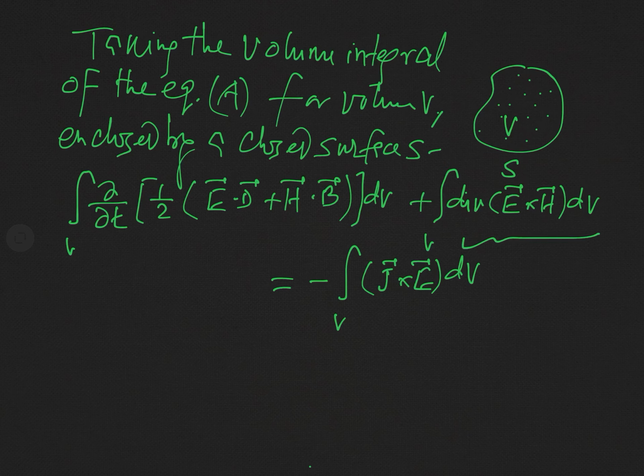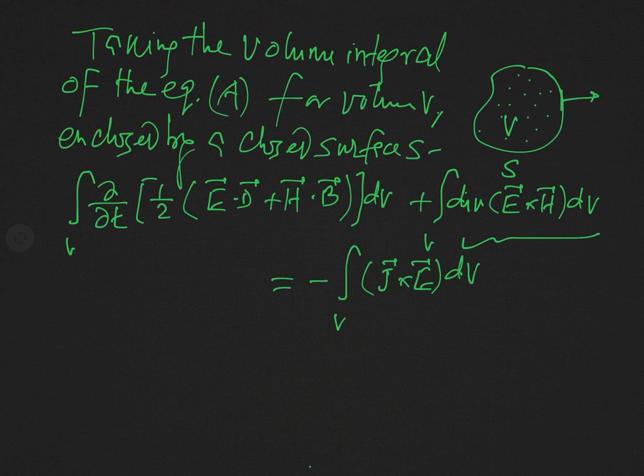Now you can see, in fact, the second volume integral in LHS of this equation is a volume integral of divergence of a vector E cross H. And you know, we can change a volume integral into a surface integral by the use of Gauss's divergence theorem.